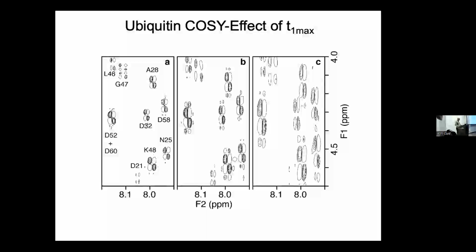Initially, as T1 gets longer, for example in B, the cross peaks look stronger. But then when you go to much larger T1, they start to relax away. So part of the game in these experiments is deciding how large T1 should be: large enough that the couplings evolve, but not so large that all the signal has decayed away.